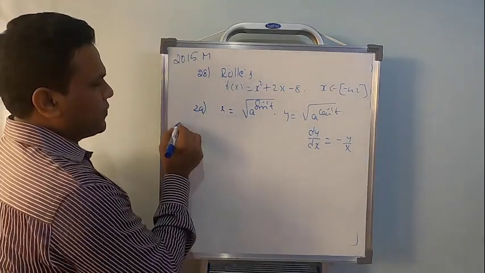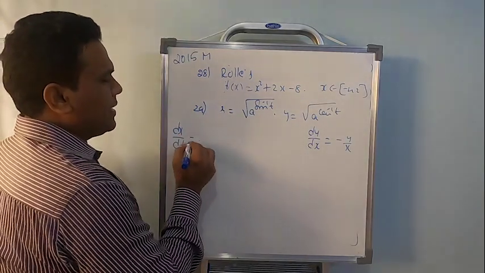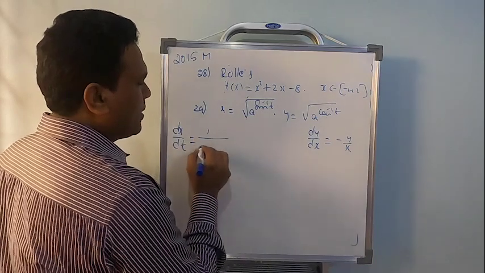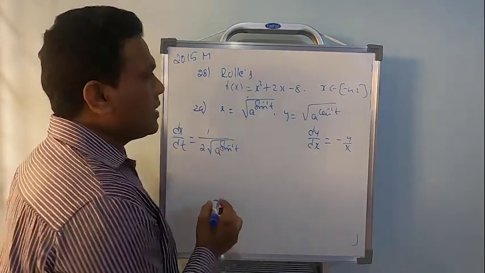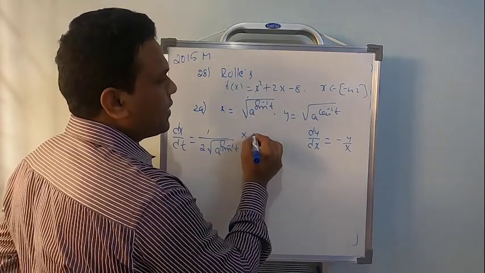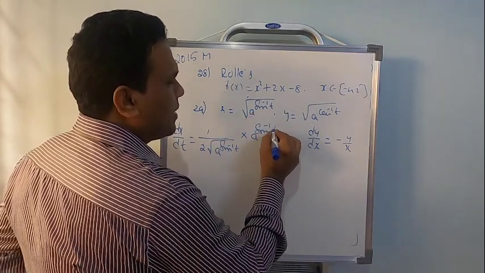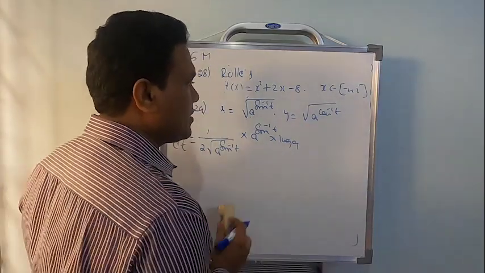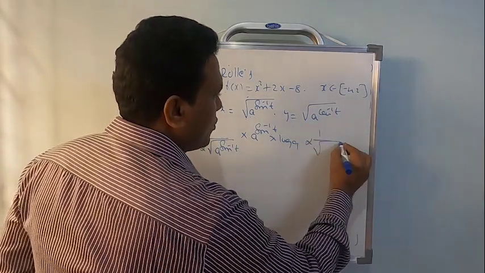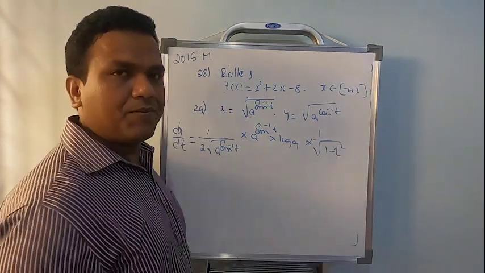Now to prove this, first I will differentiate this, dx by dt. First for square root, 1 by 2 into square root of a power sin inverse t. Then for a power x, differentiation of a power x is a power x multiplied by log a. And then for sin inverse, 1 by root of 1 minus t square.